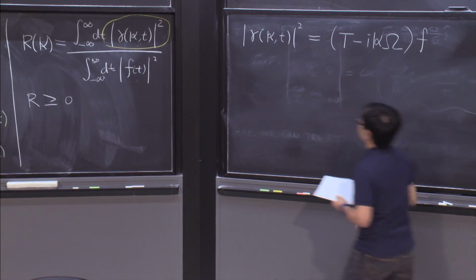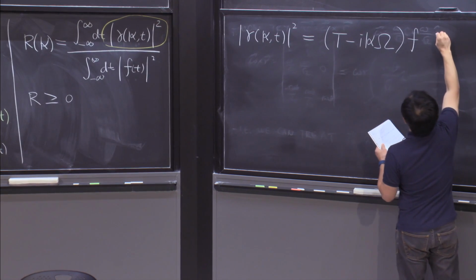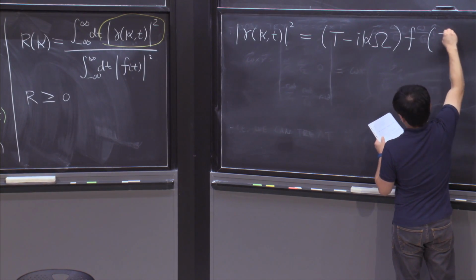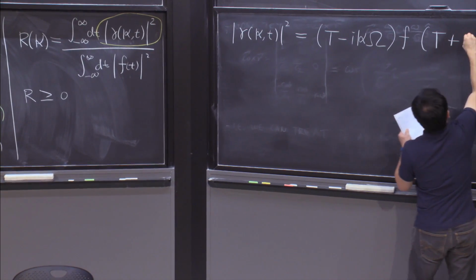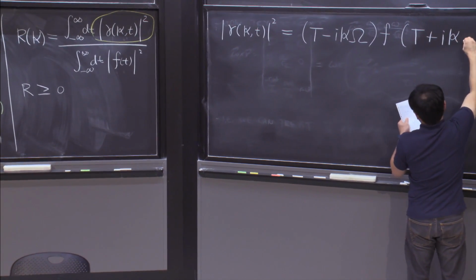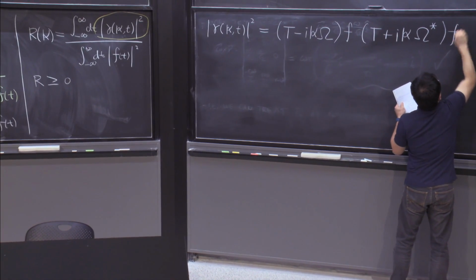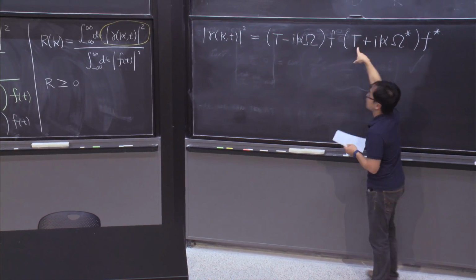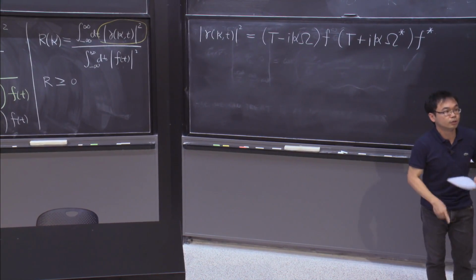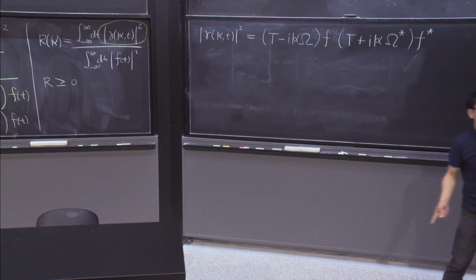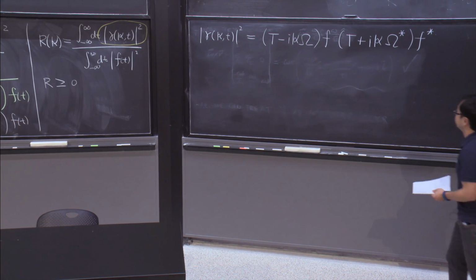And you need the complex conjugate, right? Basically, you get T plus I kappa omega star F star. You can have T star, but T is actually a real number. Therefore, it doesn't do anything.